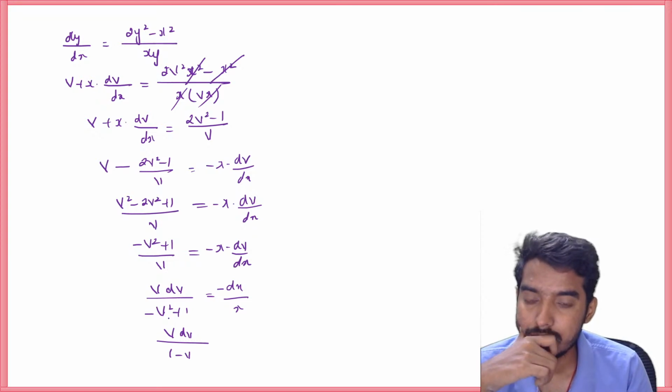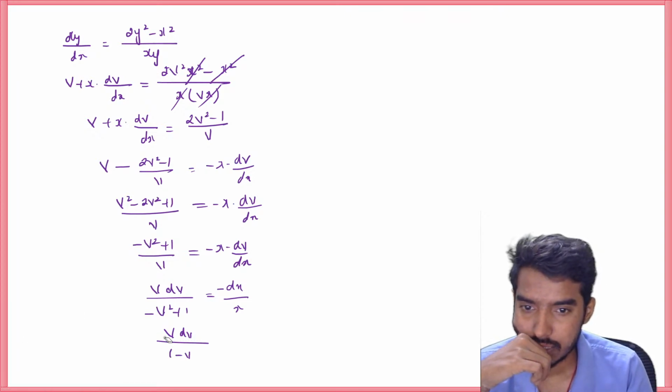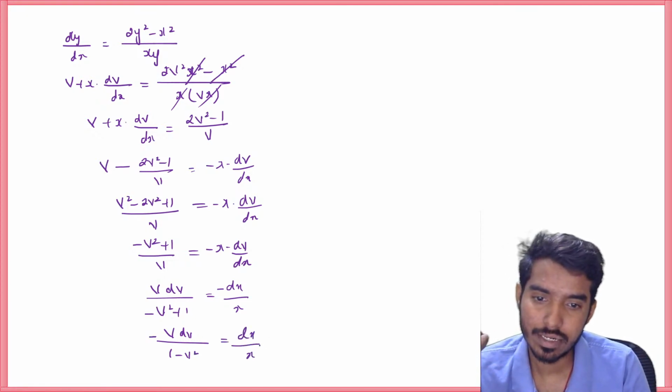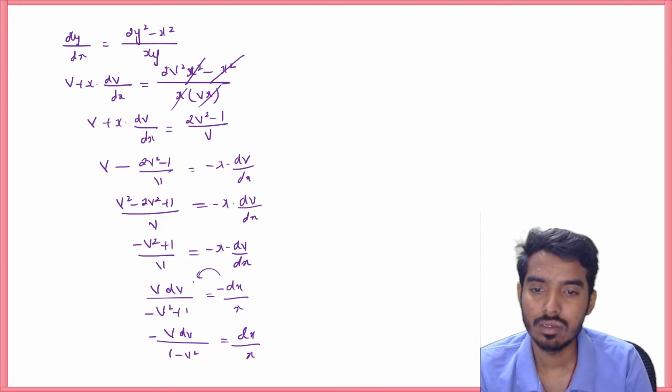Or what we can do is rolled by minus. So let's put minus here, dx by x, in this minus to this side.